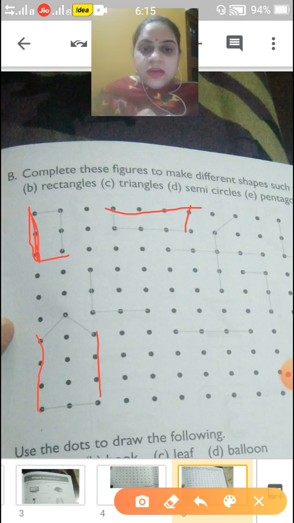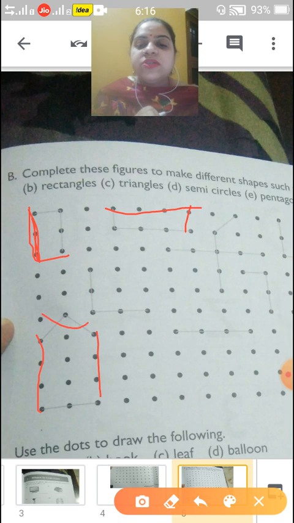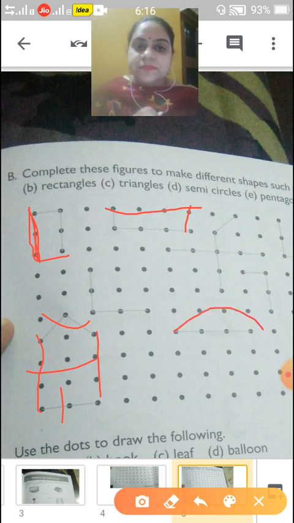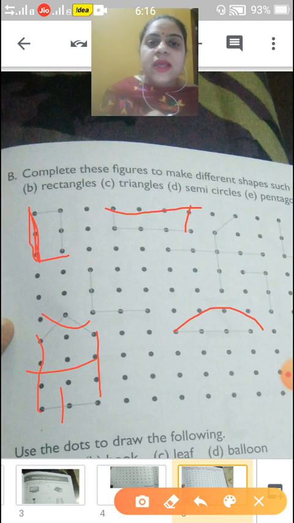A pentagon is a shape which has 5 sides. 1, 2, 3, 4, 5. Okay children. Or you can draw a semicircle. Understood children? Like this you will draw different shapes here. Understood?